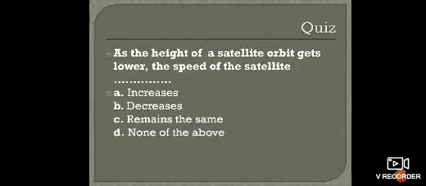So as the height of the satellite orbit decreases, should the speed of the satellite increase, decrease, remain the same, or none of the above? So what is the option? Please note this question.